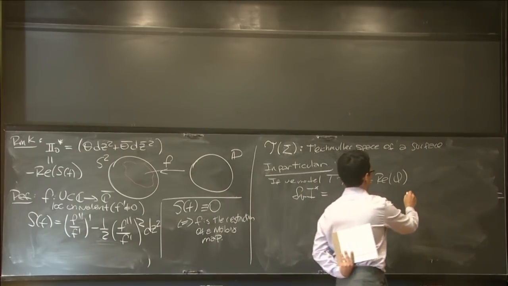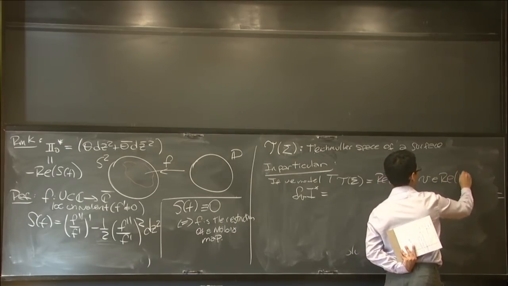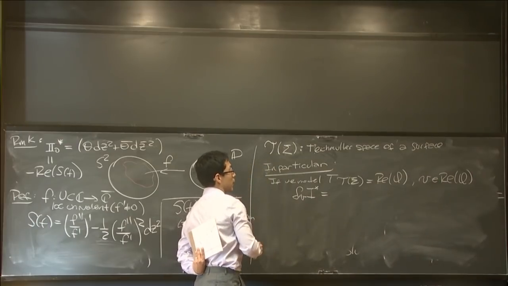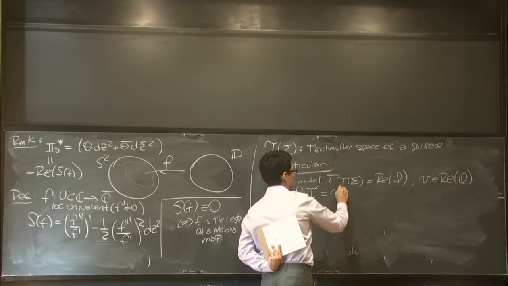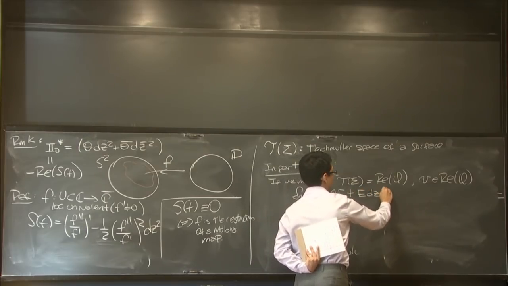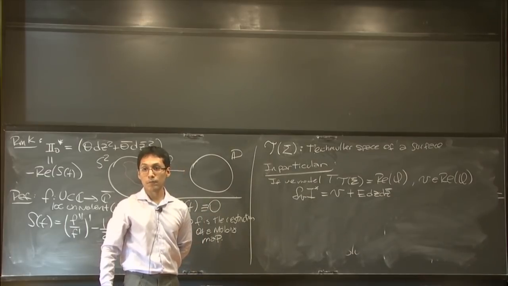So here, our vector V is going to be the real part of a quartic holomorphic differential, and then the variation of the metric is going to be exactly V plus something that is conformal to the metric.